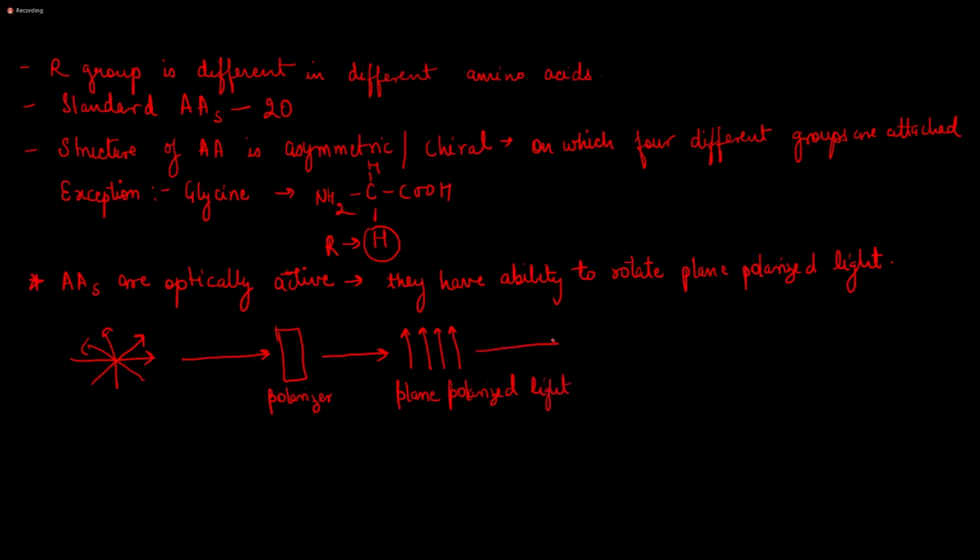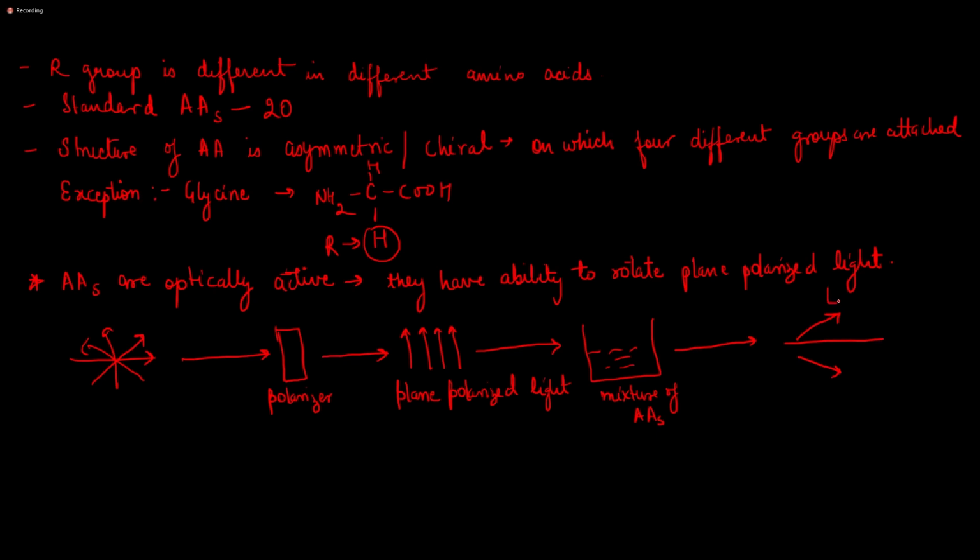Now, when this plane polarized light is passed through a solution containing chiral carbon, say a mixture of amino acids, what you will see is that this mixture will rotate this light either left or right.